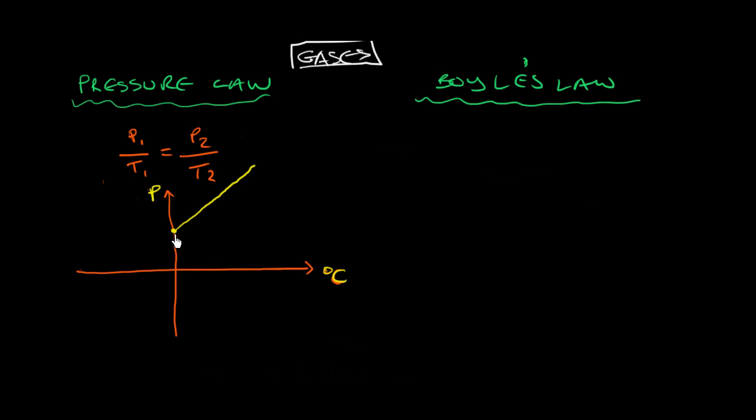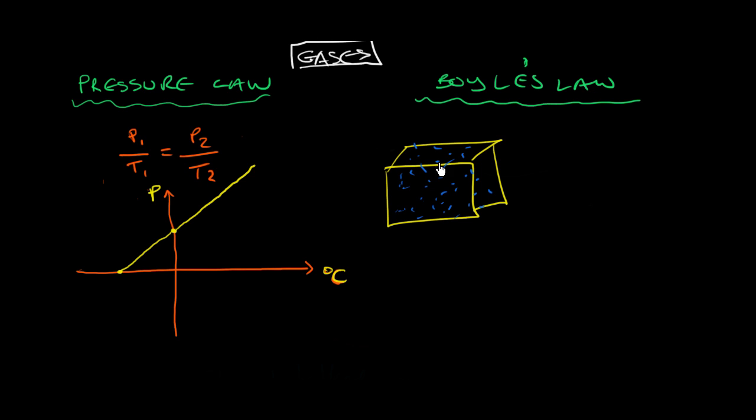And the definition of the Kelvin is basically a continuation of this and saying, well, let's continue this line all the way down, and when it hits, meaning that the gas inside of here, I have a container, and here is my gas, what we're saying is I'm going to take away all of the energy of this gas until it's not moving anymore, and when it's not moving at all, there's going to be zero pressure because it's not hitting the walls at all, and we know that pressure is force over area.